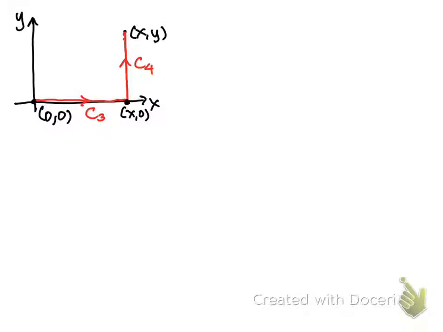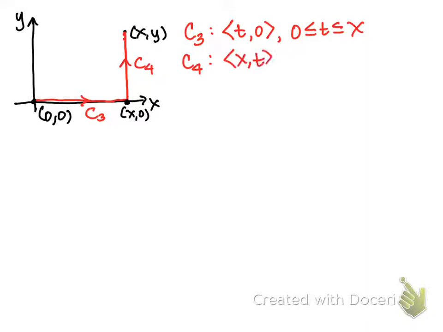Okay, so my parameterization for C3, what's that going to be? That's going to be (t, 0) for t from 0 to x. And then C4 is (x, t), and t is from 0 to y.